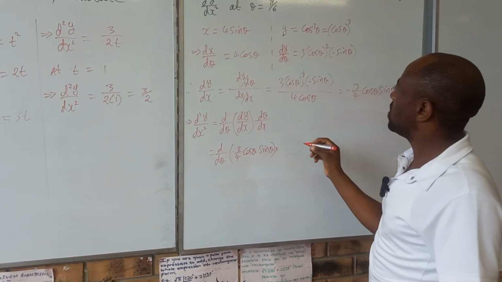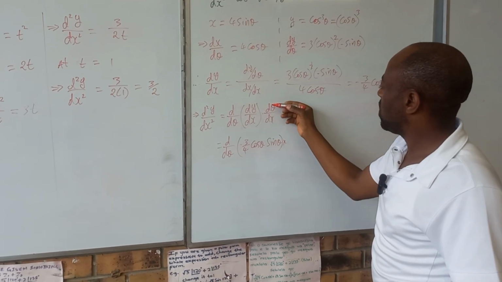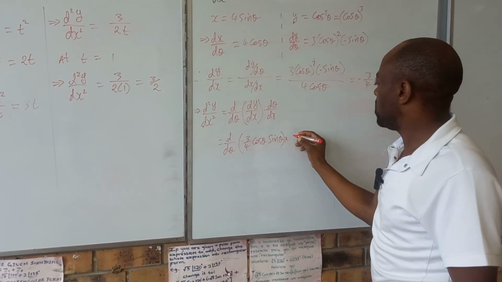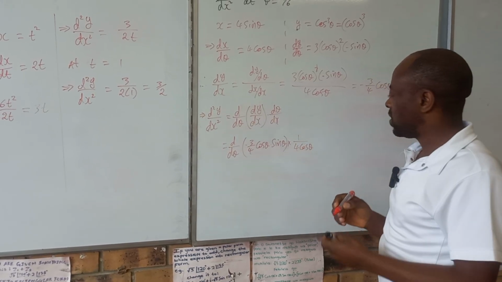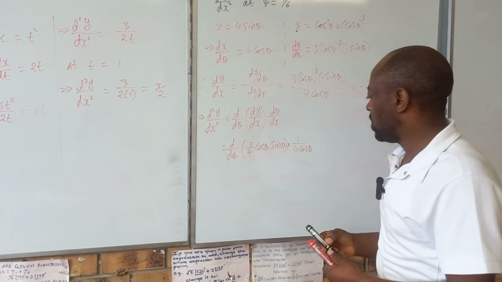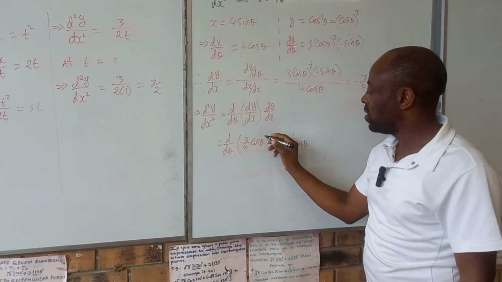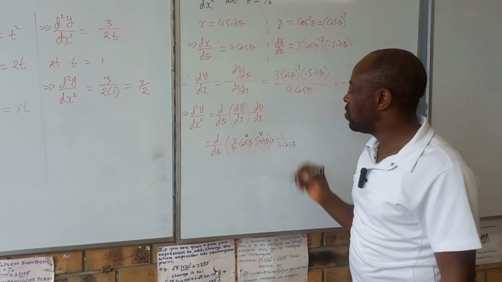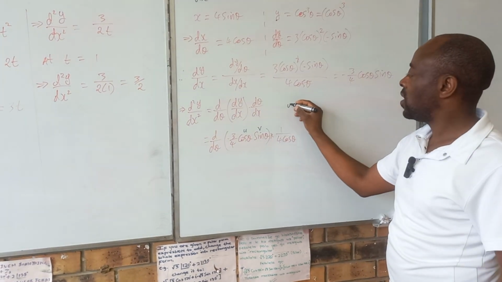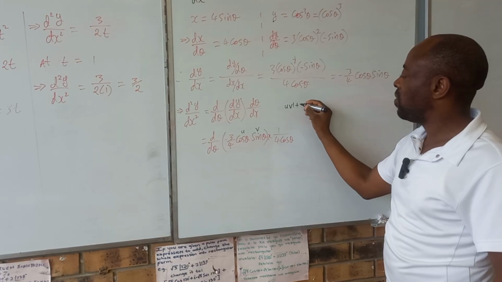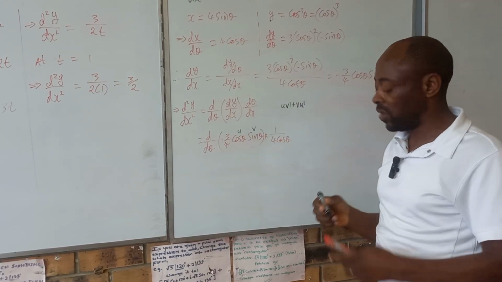So that is what I will be differentiating. I will multiply this by the derivative of x, which means it will be 1 over 4 cos theta. So what I need to do now is differentiate this, and you can see it's a product. So I must use my product rule and call one item u, the other one v, so that when I'm differentiating, I'll get uv prime plus vu prime. And don't forget, we don't differentiate a constant.